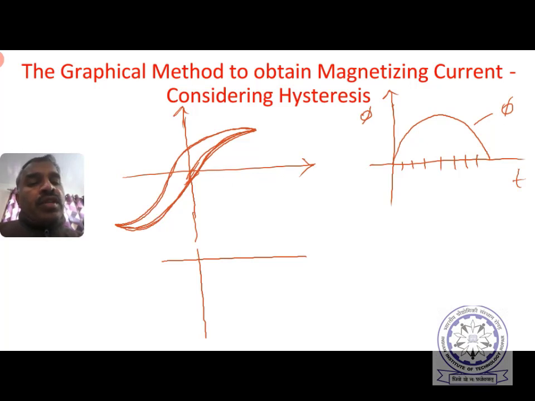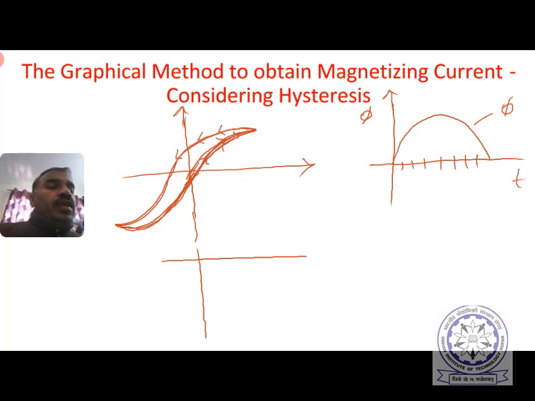So how will it go? This is very important, the characteristics. This is while going up, when the flux is increasing, this is the path, and when the flux is decreasing, this is the path.